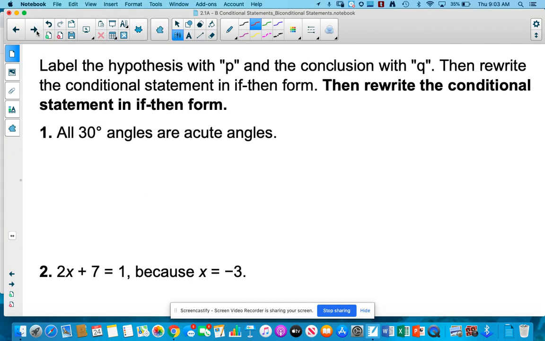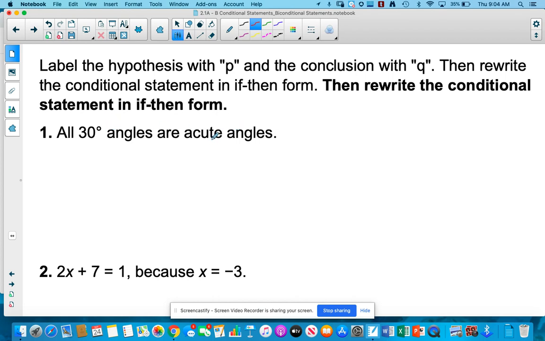All right, let's talk about a different one. This says label the hypothesis with P and the conclusion with Q. Then rewrite the conditional statement in if-then form. Let's look at number 1. It says all 30-degree angles are acute angles.